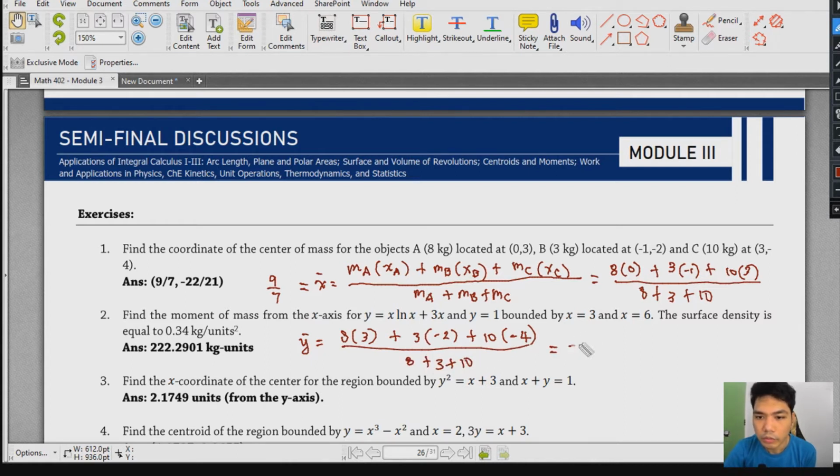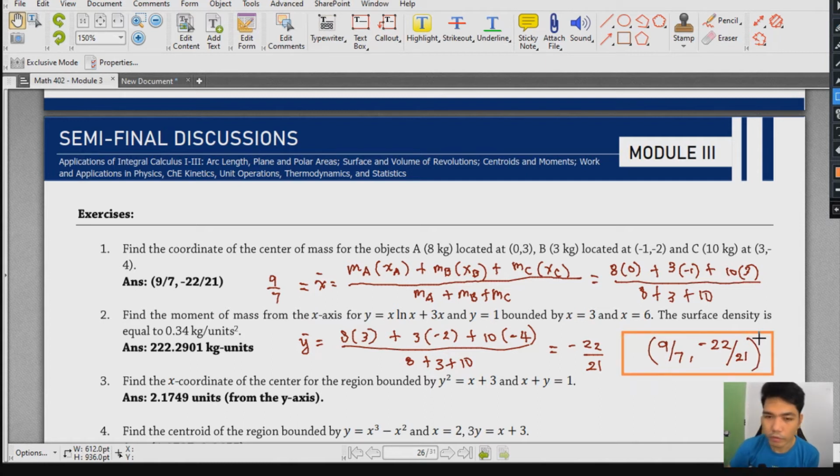This gives you negative 22/21. Therefore, you'll be reporting the center of mass located at 9/7 and negative 22/21. So this is how it is done when you're given a lot of objects with their own masses, located at certain points on the Cartesian coordinate system.